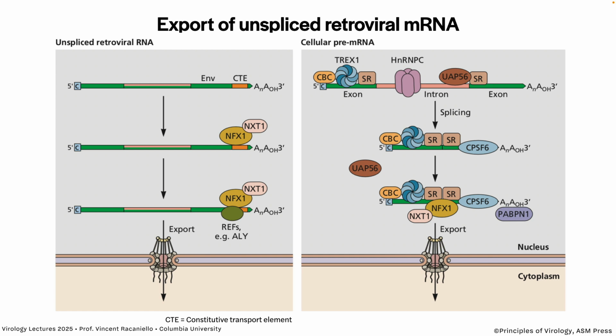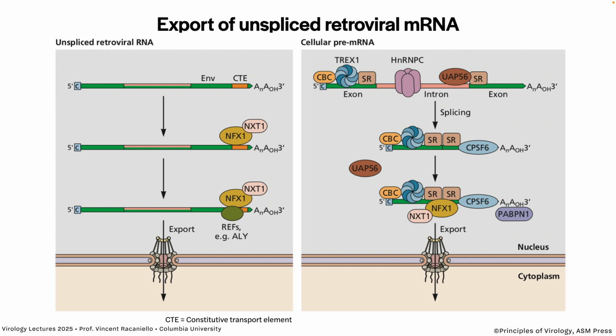Well, it turns out there's a sequence at the end called the constitutive transport element, CTE, which binds the components of the export machinery, NXT1 and NFX1, and tricks the system into exporting these unspliced mRNAs. That's neat, right?